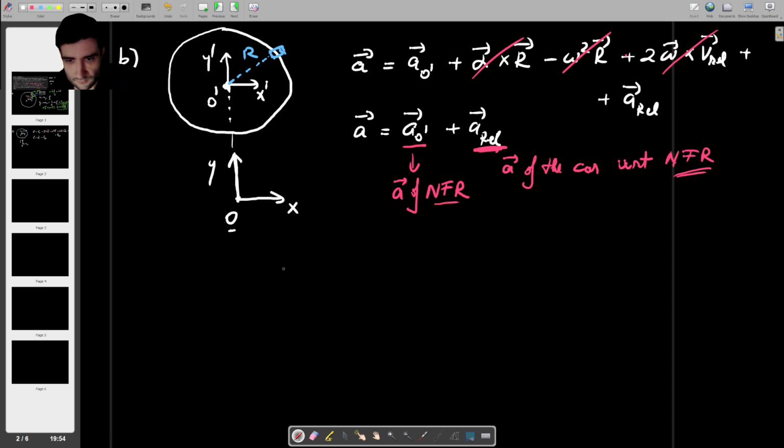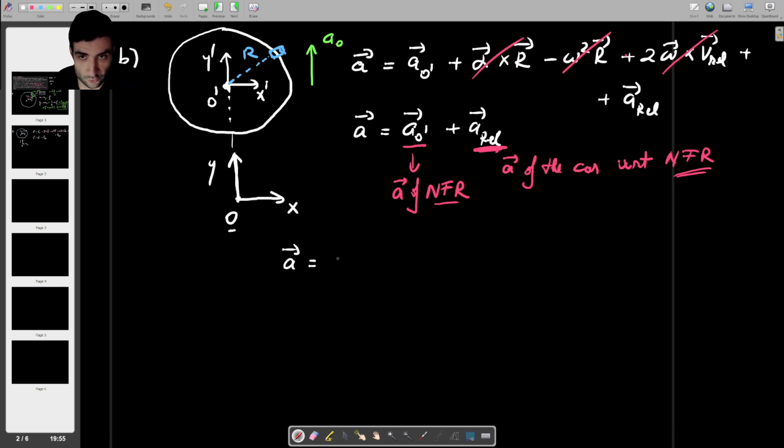So the absolute acceleration of the car, therefore, is going to be equal to, now I'm going to say, for example, that the floor of the wagon is accelerating in the north direction or whatever. I'm going to call this A0.